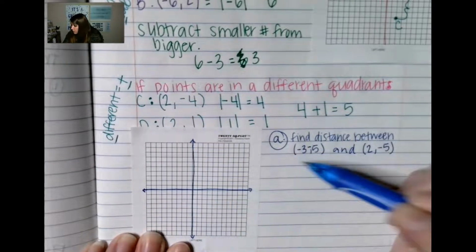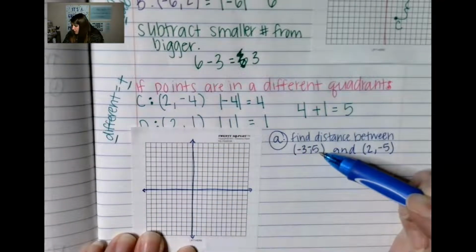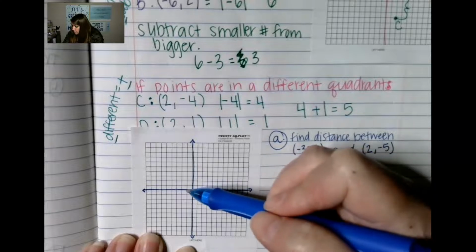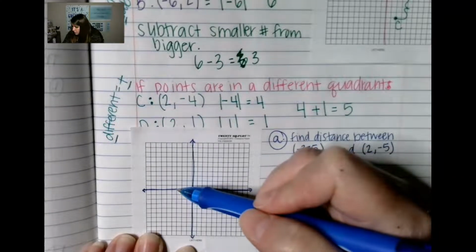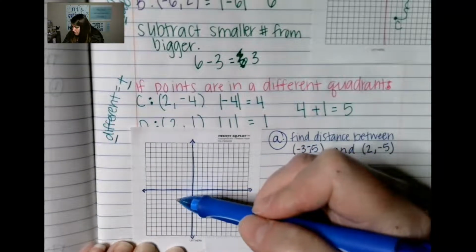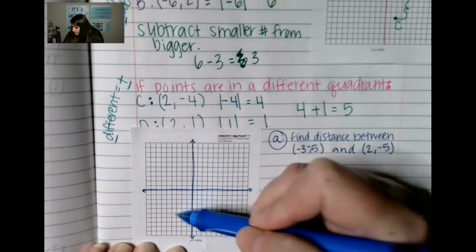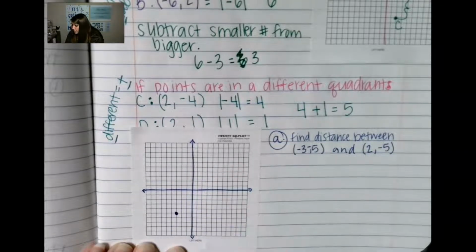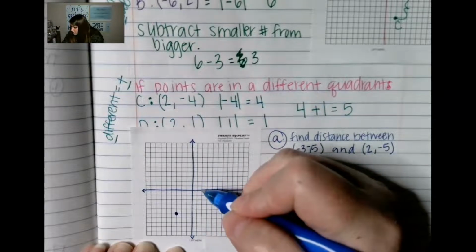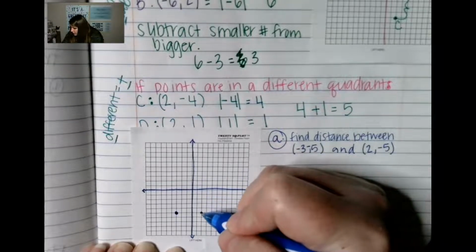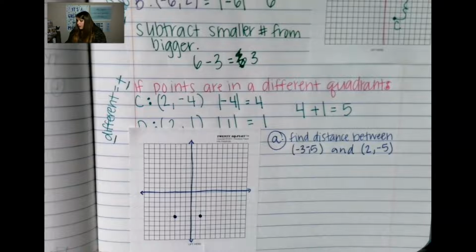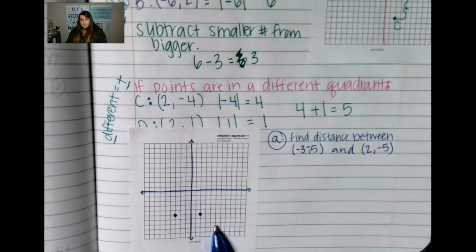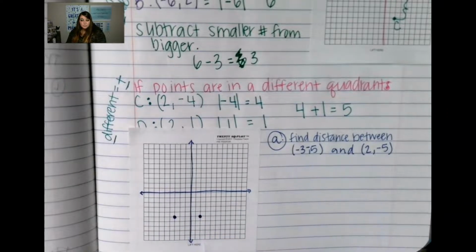So we're going to go to negative 3, negative 5. So over to negative 3, 1, 2, 3, and down to negative 5, 1, 2, 3, 4, and 5. So there is one dot. Over to 2, and then down to negative 5. And here we have both of those points listed. Okay, so they want to know what is the distance between those points.